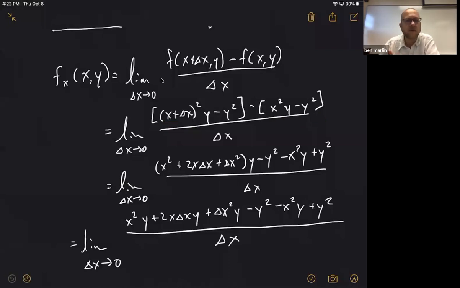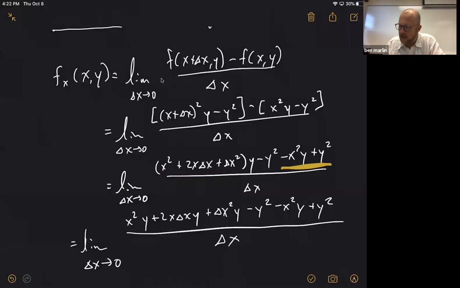So once you've got that, really it's all stuff that you have already mastered. You have to do algebra on the piece that you already had. We had x plus delta x being squared, so we have to use the binomial theorem. If it said cubed, you'd have to cube it, you know. So we get that, and if you'll notice, I also went ahead and distributed my minus on the last part.